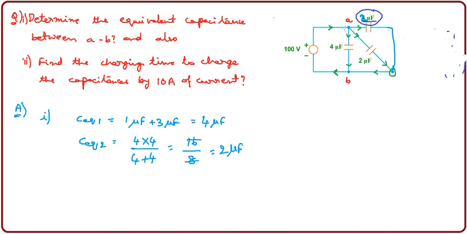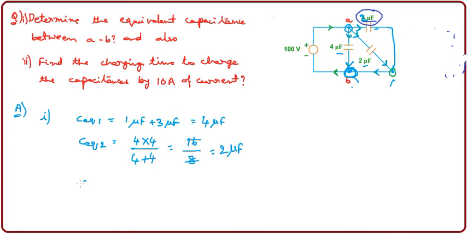Now we can see that the current is divided into 3 parts, 1, 2 and 3, and the same current is adding here. The 3 parts are adding here. There is no element between this and this, so these 2 points are the same. So current is divided at point A and again combined at point B. We can say that these 3 are in parallel.